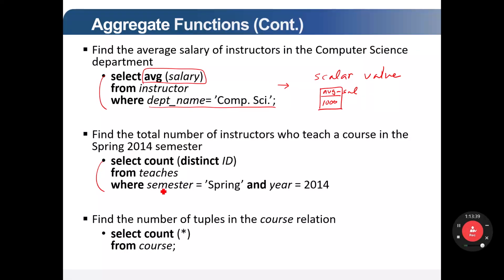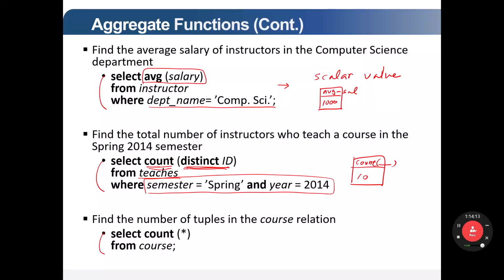And the next query accesses the teachers table and does some filter operation. It eliminates duplicate IDs and then counts how many records we have in the output table. Again, the output table will have a single value, but still in the form of a table.